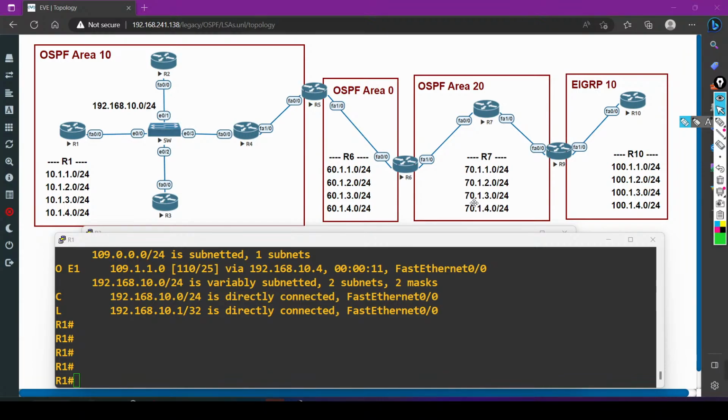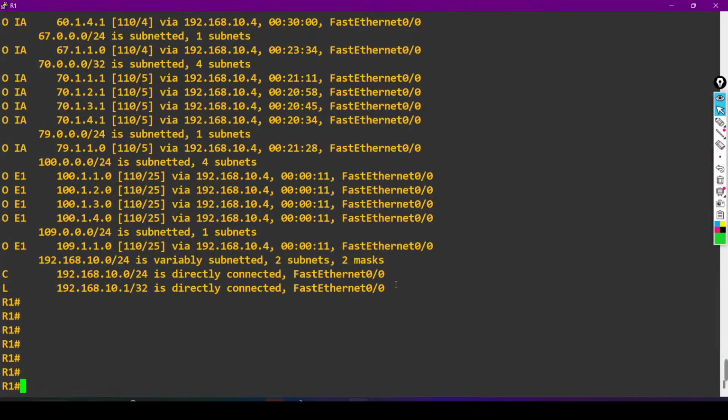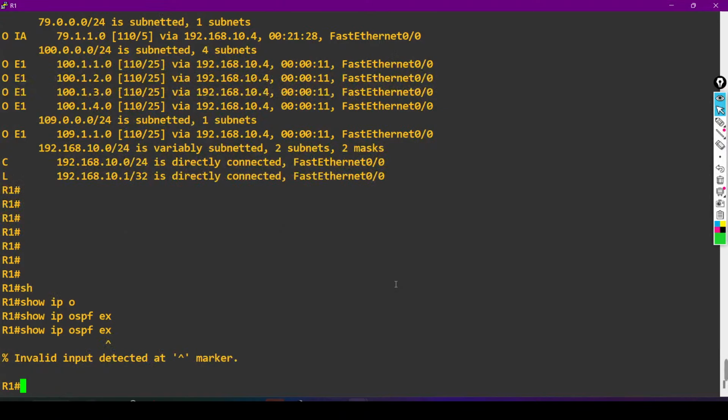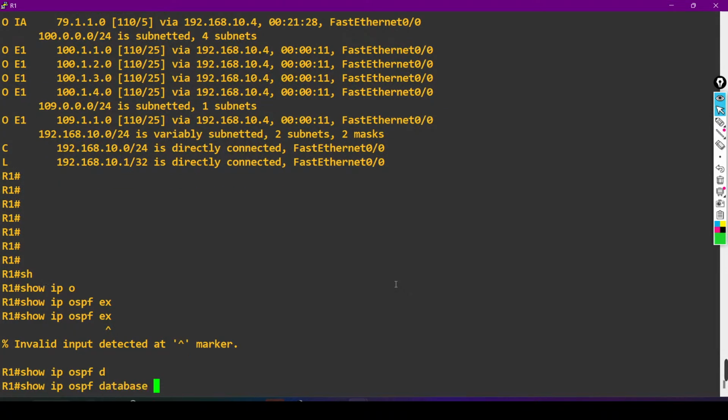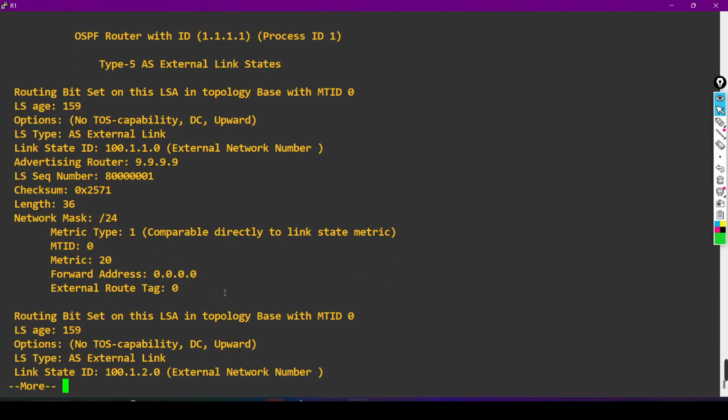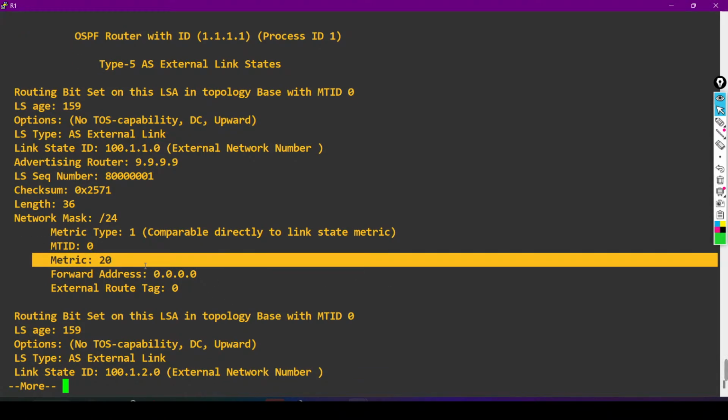That's why when it was E2, R1 was showing metric 20 only. So show IP OSPF database external. Are you able to see the metric? What is the metric? 20.